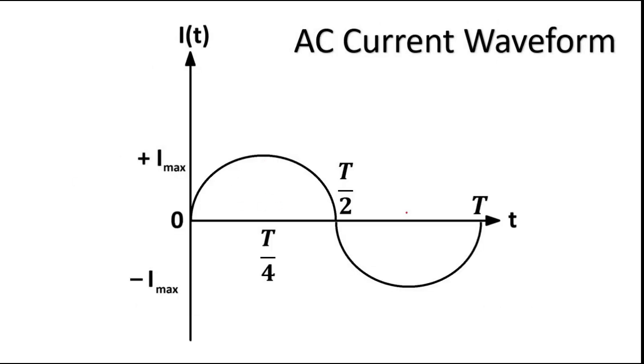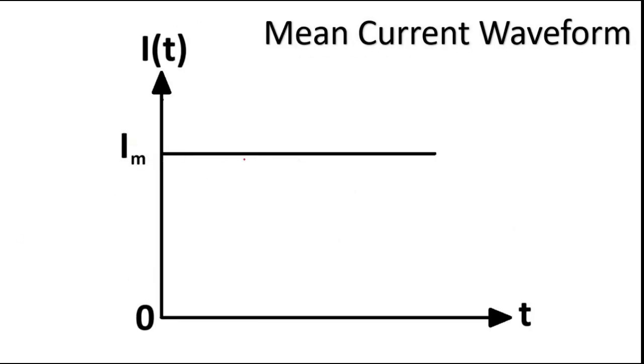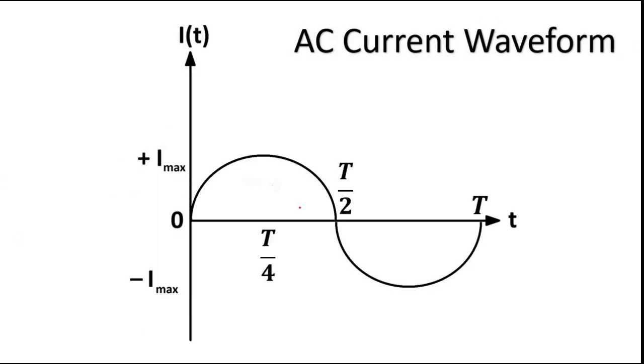Suppose we have to replace this alternating current with an equivalent DC current. What will be the accurate DC representation of this AC current? That we are trying to find out in the form of mean current or average current.